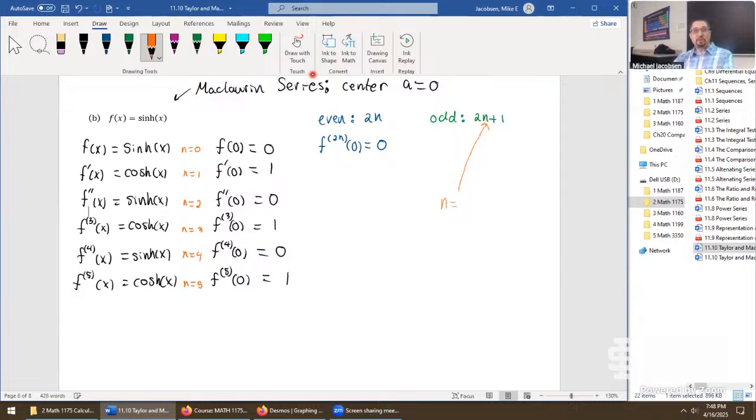You usually want to start at indexing 0 for Taylor series, Maclaurin series, just power series in general. If n is 0, we get an index 1, our first odd. If n is 1, we get an index of 3. That's our second odd. And so on down the line. If n is 2, we get the index 5, our third odd down the line.